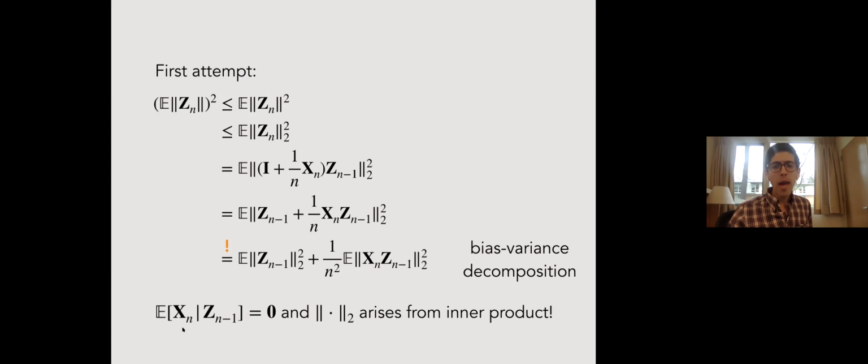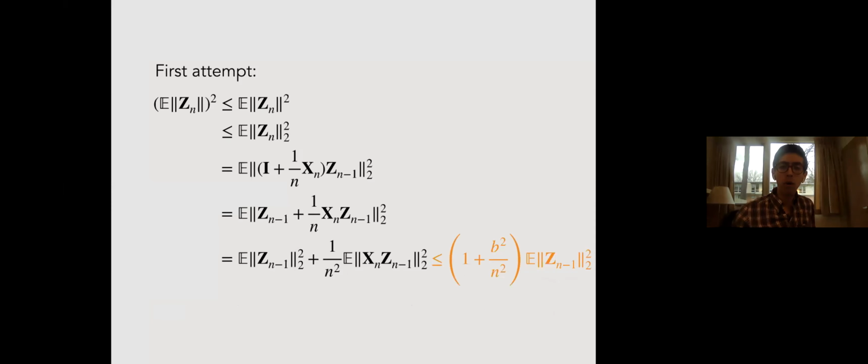Now what? Well, okay. Here, I have the matrix Xn. All I know about the matrix Xn is that it's bounded. So let me just pull it out of the Frobenius norm to conclude that this term is bounded above by 1 plus B squared over n squared times the expectation of Zn minus 1 squared, again, measured in the Frobenius norm.